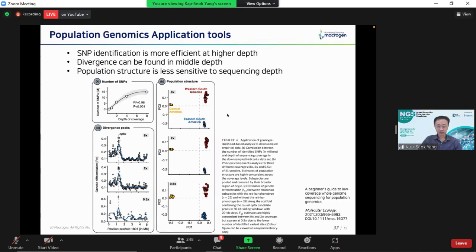And for the population structure, this is the diagram of a principal component analysis. They don't differ much. Between 0.5x and 8x, you don't see too much difference. So these are the pictures of the low-pass sequencing.